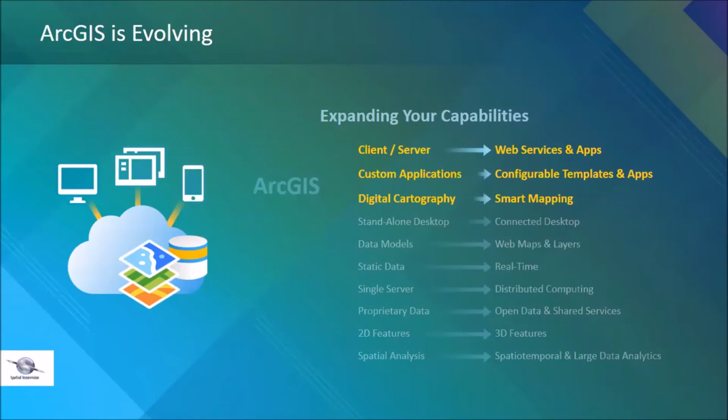Secondly, we'll move from custom applications, where it takes a lot of expertise, time, and money to develop and support them, to configurable apps that are lower risk, cheaper, and quicker to deploy, and supported by Spatial Innovision and Esri. Thirdly, we'll move from digital cartography to smart mapping, where your data is analyzed and suggestions are made to automatically help create better maps and tell better stories.